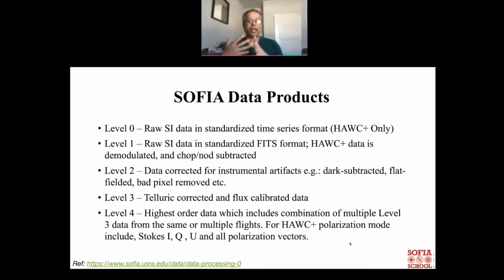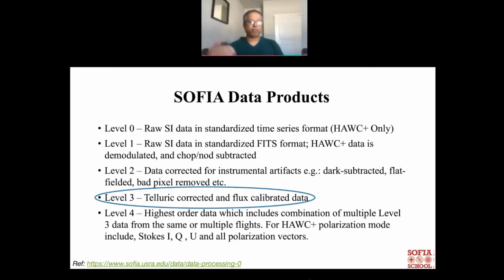For example, if your data was taken on 2 different flights or 2 different series, and you combine them together to make a larger mosaic, like the one that Matt Hankins was talking about earlier, where he had a large survey of the entire galactic plane in FORCAST, and all that data was combined, that is level 4 data. In the case of HAWC polarization, the maps we will produce that are Stokes Q, I, U are all level 4 data. But today we'll be talking mostly about how we get from level 2 to level 3.